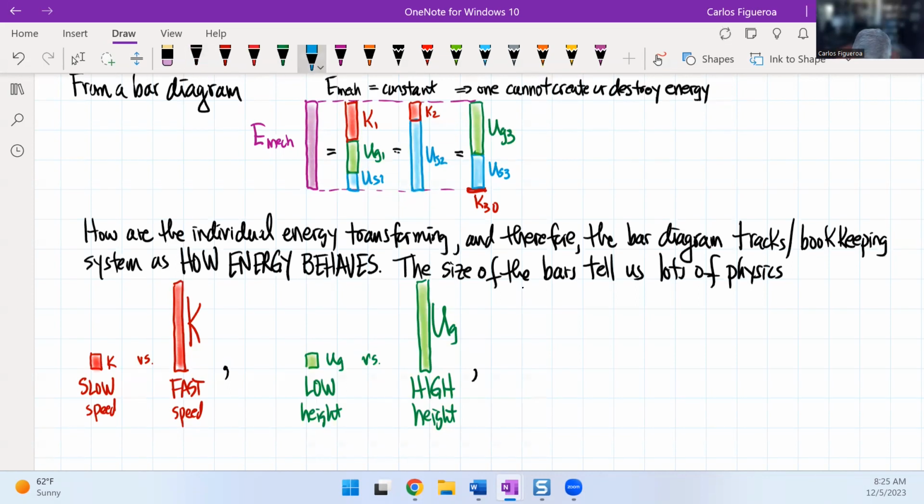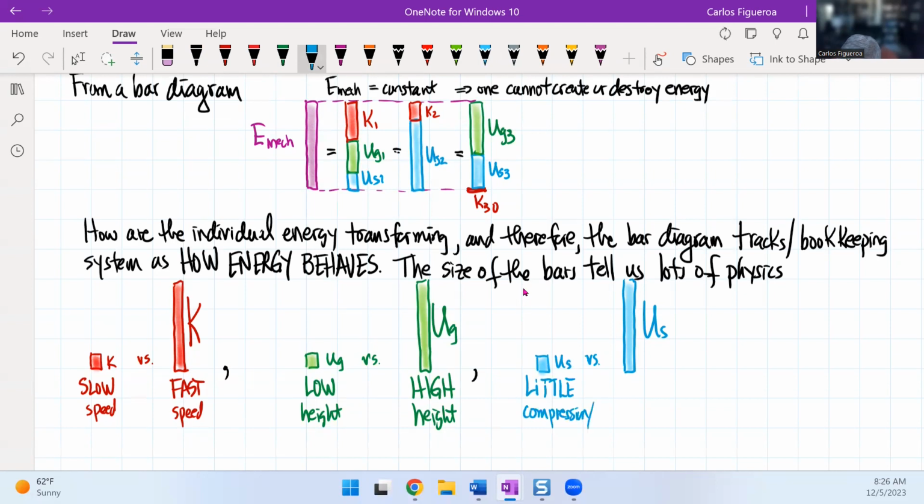And we could say the same thing with the spring. If I have a tiny little bar for the spring versus a large bar, then it tells us about the compression here. So what this tells us in this case is that you have little compression.